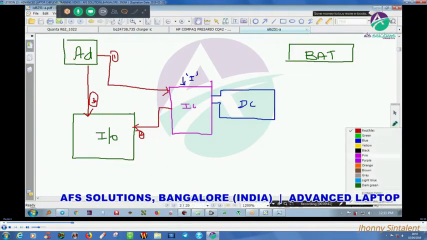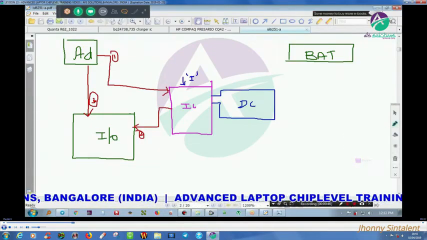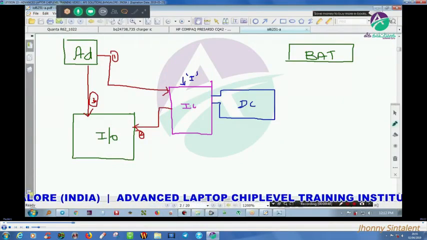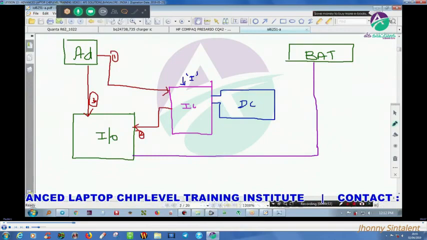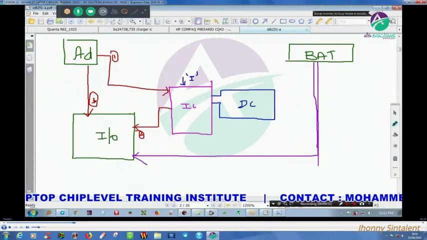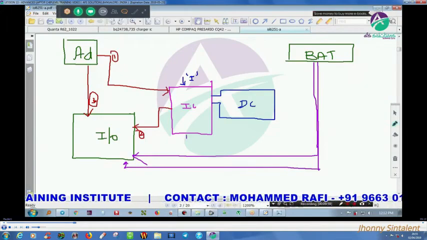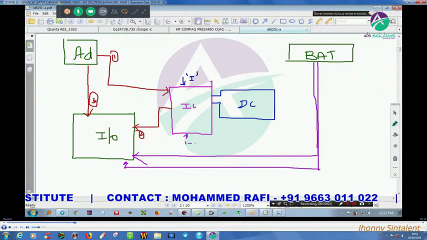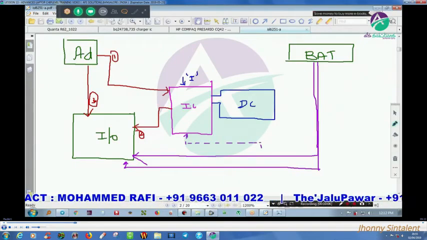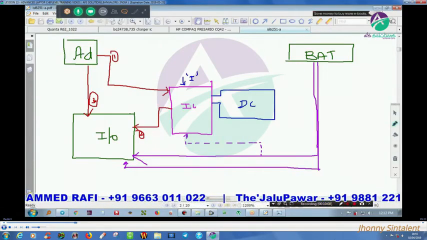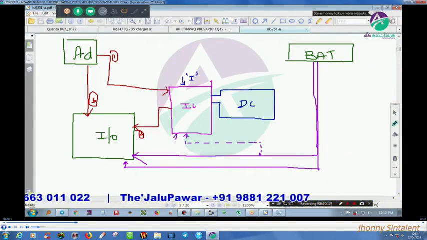Next, battery connection signals will go to the IO controller. Sometimes it will go to the charger IC also. That's why I am putting it in dots.